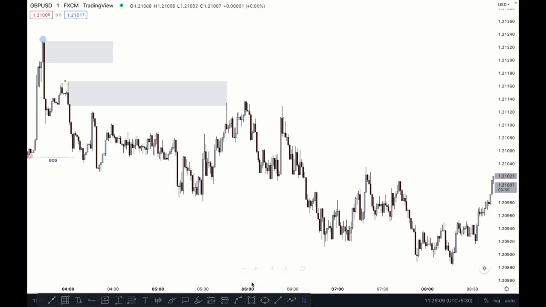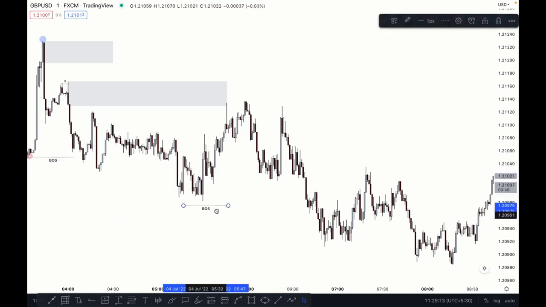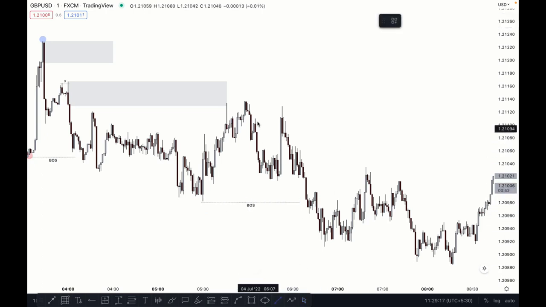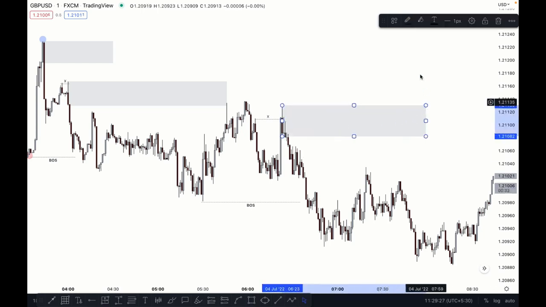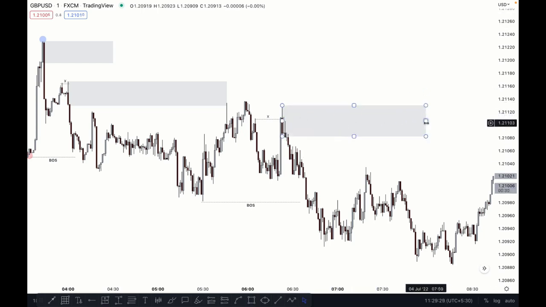As you can see here, this one is your structure break and this has been liquidity taken out, I mean previous high taken out, and this will be your next order block, I mean next IFC in another time frame.